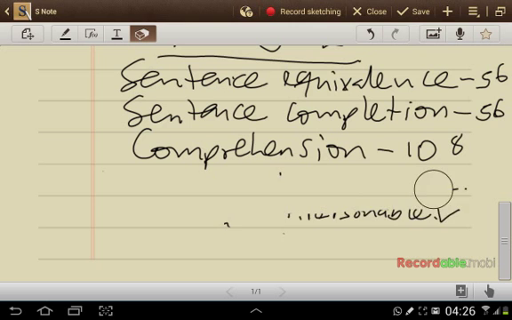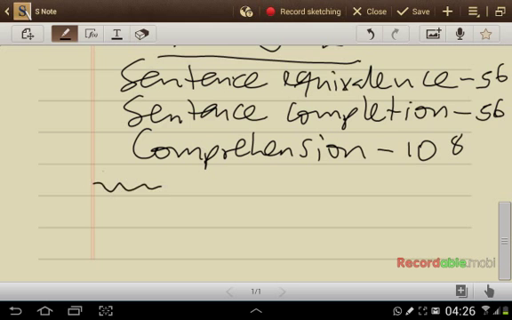Now let's take a look at sentence completion. With sentence completion, you have some sentences or phrases with spaces, and then you are supposed to complete them with the choices.